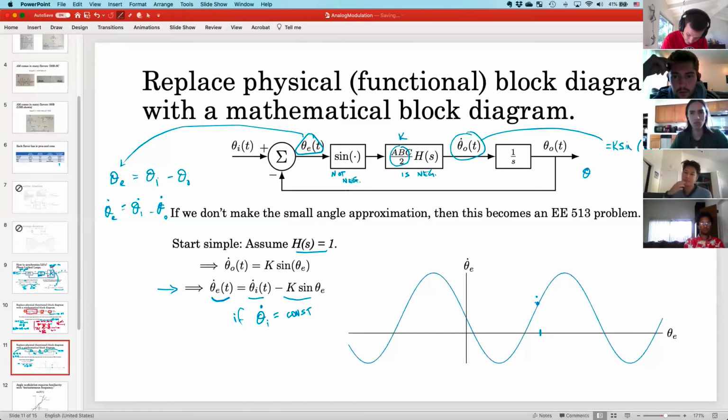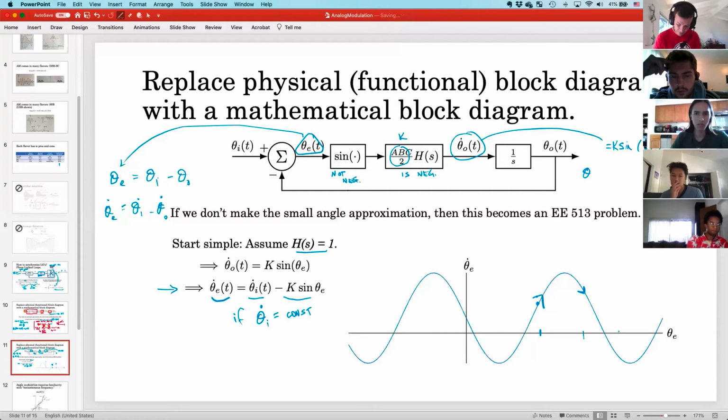So at this point, we get pushed that way along the curve. Okay, let's say at the next snapshot, we're over here, and this tells me that the rate of change of theta E is positive again, which means we get pushed this way again.